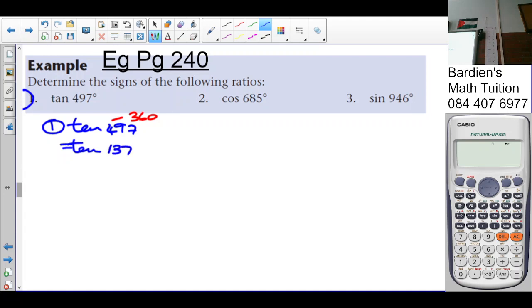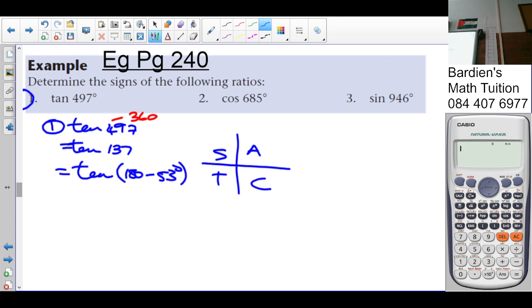Now you ask yourselves, in which quadrant is that? In the second quadrant. How do we get into the second quadrant? 180 minus 43 degrees. All stations to Claremont.